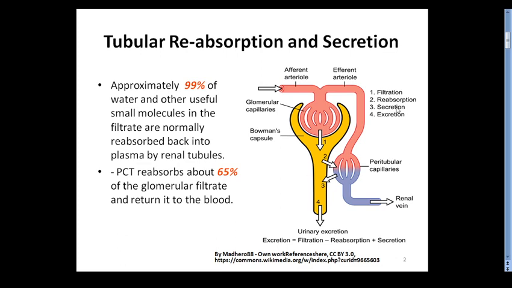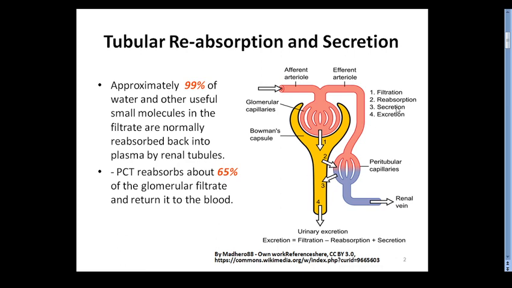It means approximately 99% of this filtrate which is formed into the Bowman's capsule is reabsorbed again into the blood from the different parts of the renal tubules, and its maximum part gets reabsorbed in the proximal convoluted tubule. Here we appreciate the importance of the role of renal tubules in reabsorption of the constituents of the filtrate and why this reabsorption is needed.